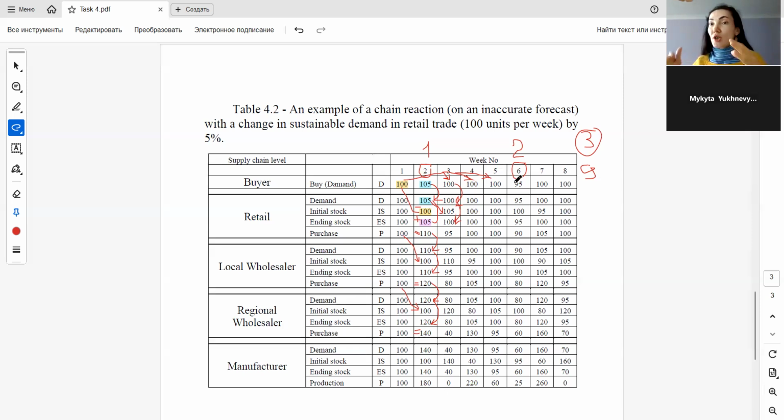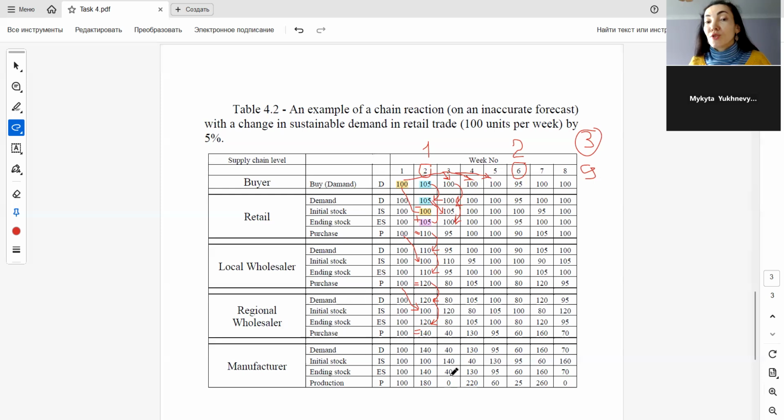It is not a very big change. But for the last level, the manufacturer, it is a very big change, because sometimes they produce 100 mobile phones and the next week they produce 180. It is a very big difference.